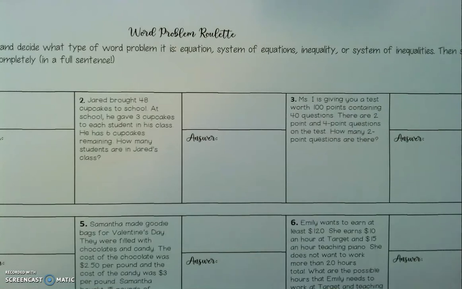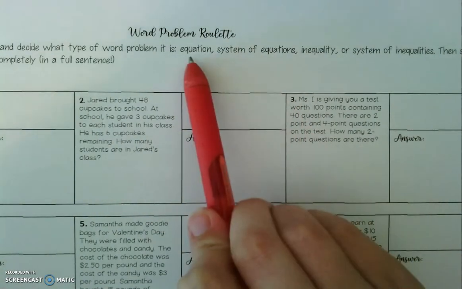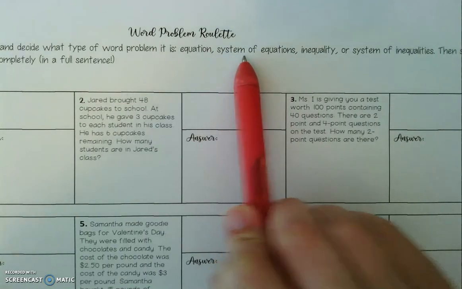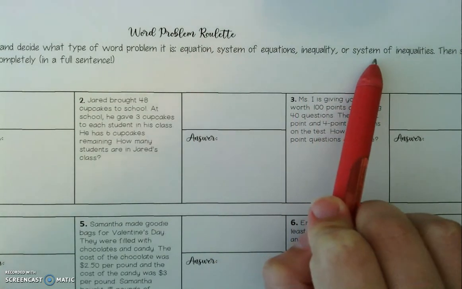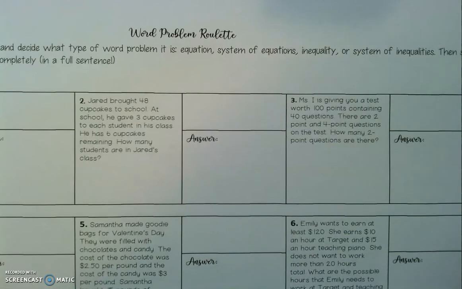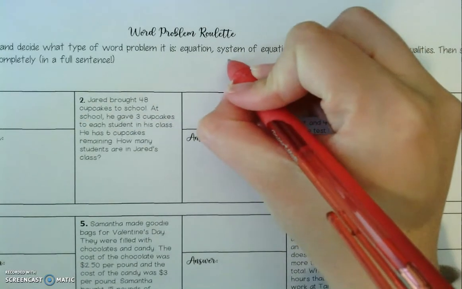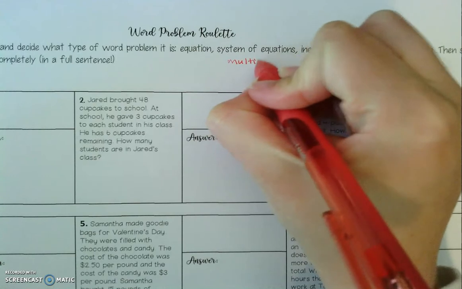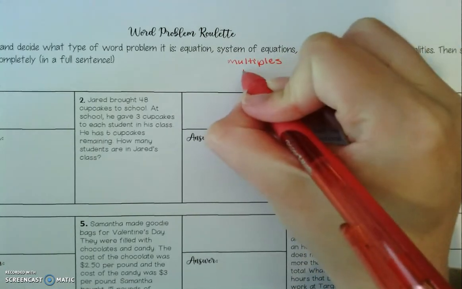When we're looking for the difference, there's two things that we can look for. The difference between an equation and system of equations, or inequality and system of inequalities, is the number of totals. Systems of equations have multiple totals, so that helps us figure that piece out.